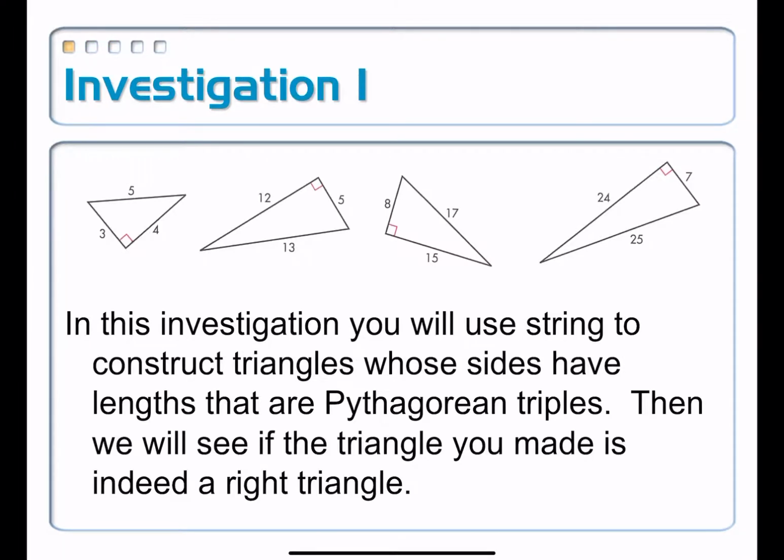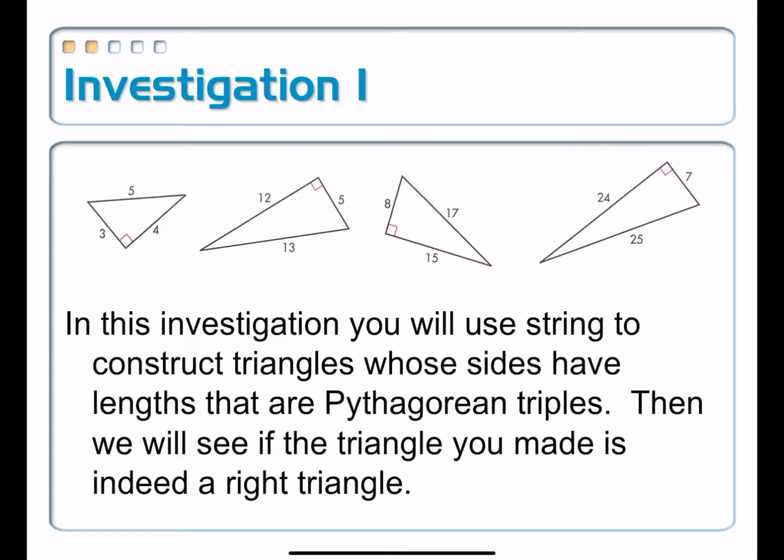So in order to do this investigation, we're going to take some Pythagorean triples. You just pick one of these, like 3, 4, 5, 5, 12, 13, 7, 24, 25, 8, 15, 17, or you can double them, triple them, take half of them. You pick one of those Pythagorean triples, and we're going to construct a triangle with those and see if that makes a right triangle.